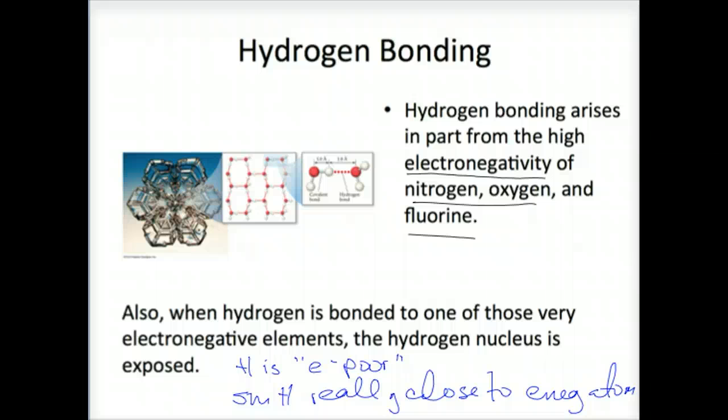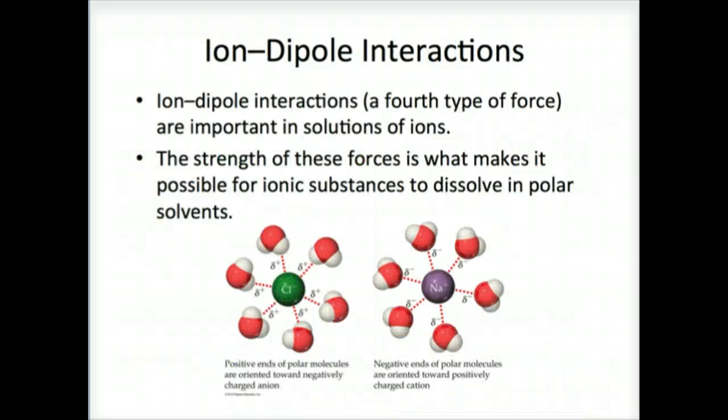Now, this also becomes significant when we talk solvation. Remember in the previous section when we talked about solvation, that dissolving of an ionic solid in a polar solvent, in this case water. You see that interaction because of these negative charges and these positive ions or negative ions.